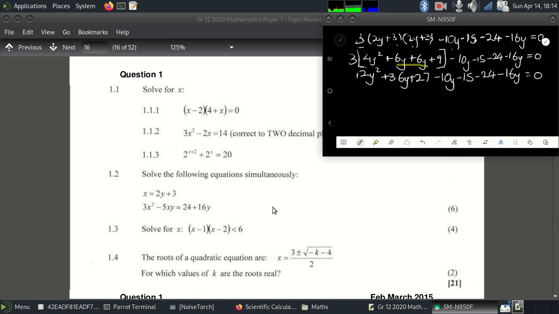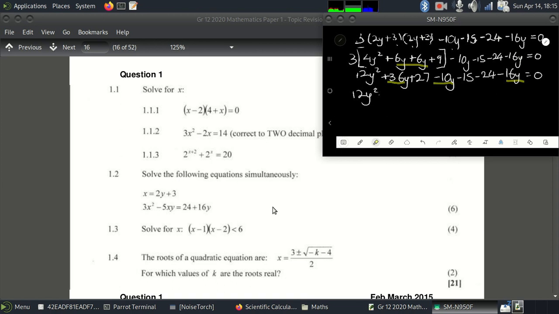Now let's simplify this to the best way we can. The 12y squared does not have any like term. We don't see anything with the y squared here, so that's just gonna remain 12y squared. Okay. Now do we have anything with just a y? Absolutely. We have it there, we have it there, and we have it there. Let's simplify those. So 36 minus 10 minus 16 gives us 10.